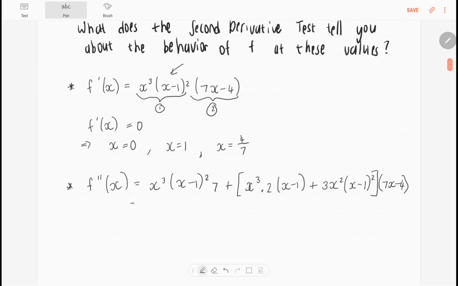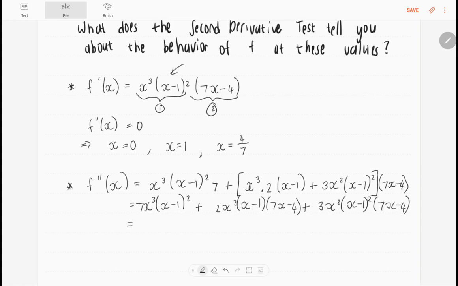Then we can multiply the second brackets out. So we have x cubed, x minus 1 squared, and I'm just going to write the 7 in front here. Then I have plus 2x cubed, x minus 1, 7x minus 4, plus 3x squared, x minus 1 squared, 7x minus 4.